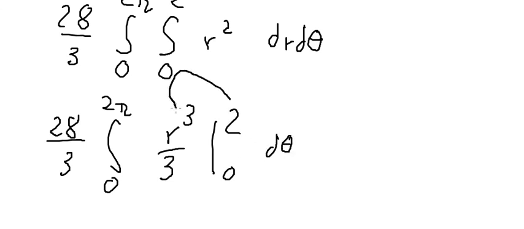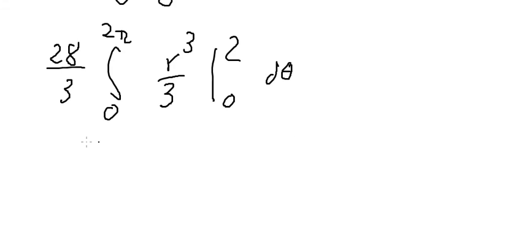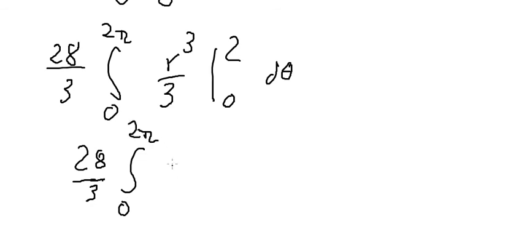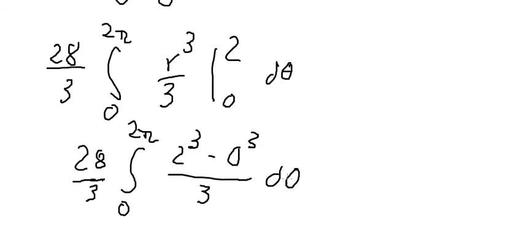So we put number 2 in here, number 0 in here, and we get the answer for the next one. That's 2 to the power of 3 minus 0 to the power of 3, over 3, d theta.